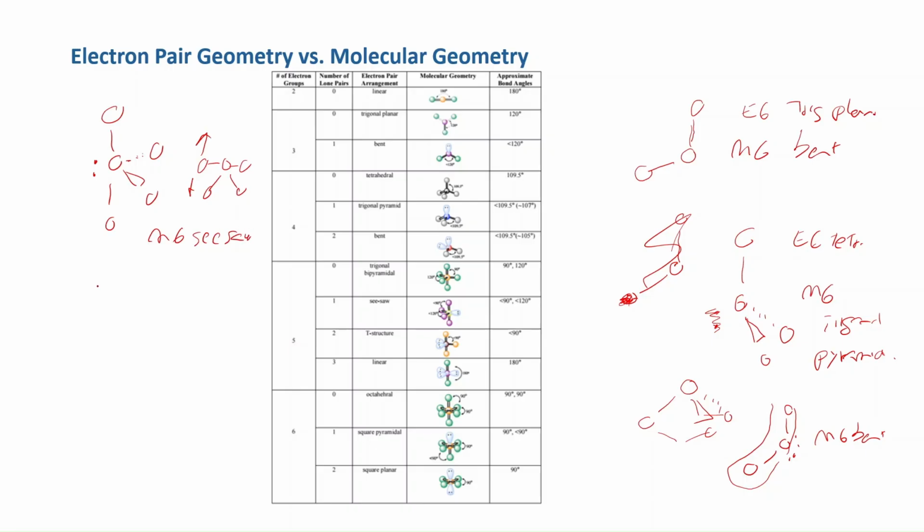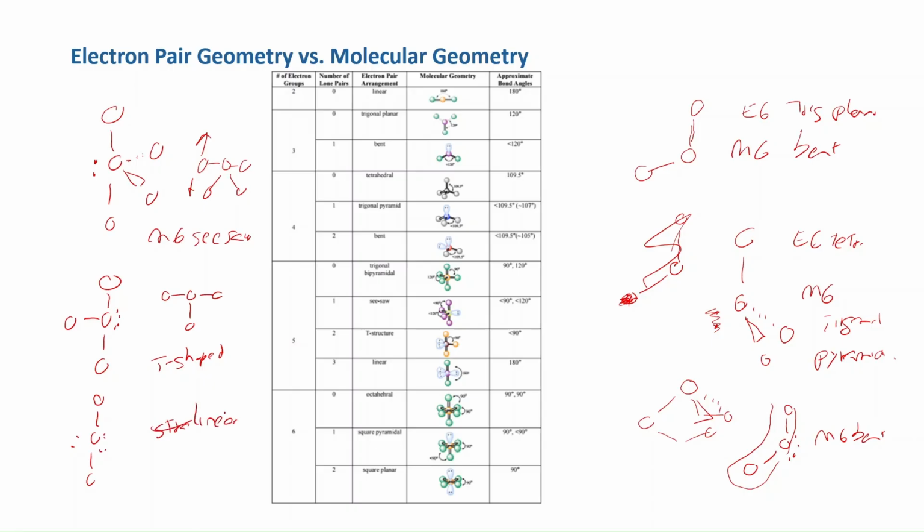What if you have two? Let's say we are going to put them in here. You can tell if you flip it 90 degrees, you have a T. So this is a T shape. And of course, if we have three, you have a straight, also linear.